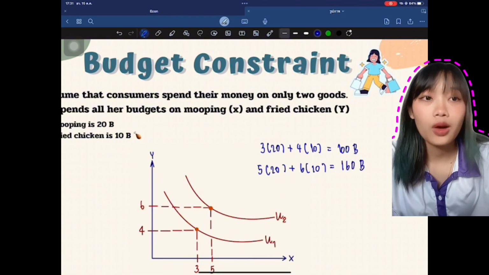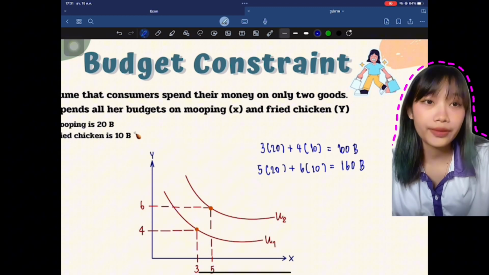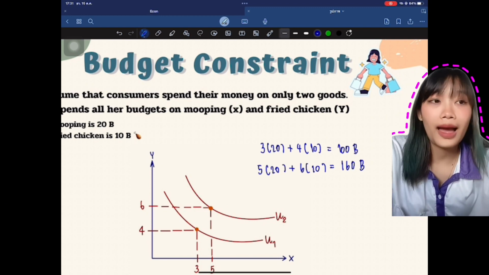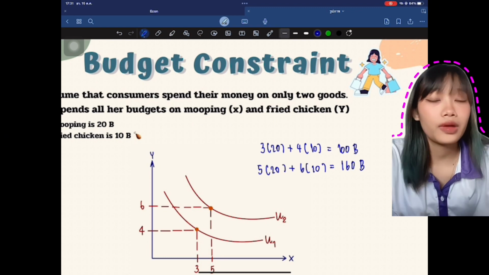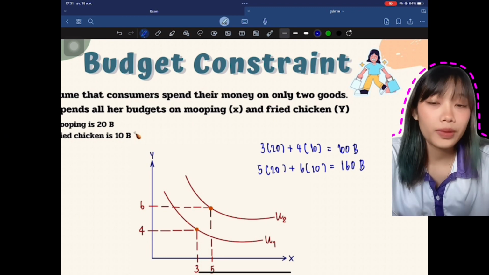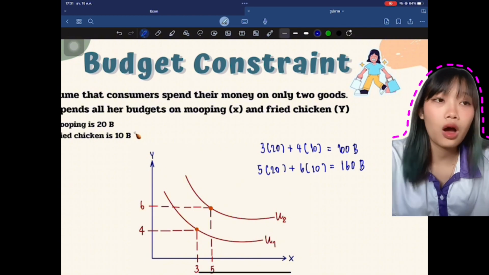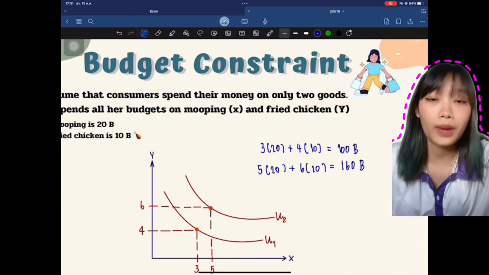But remember, we have only 100 baht. So we can buy 3 หมูปิ้ง and 4 fried chicken, but we cannot buy 5 หมูปิ้ง and 6 fried chicken because we don't have enough money to buy.